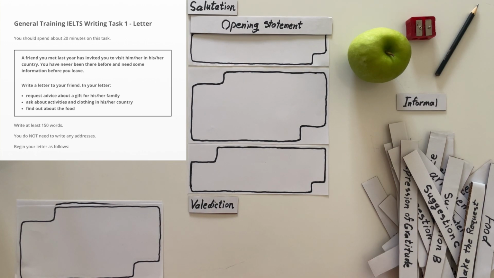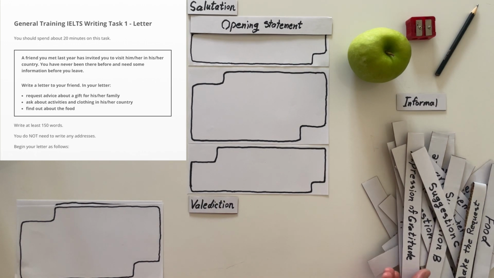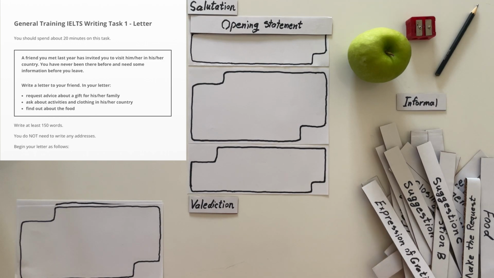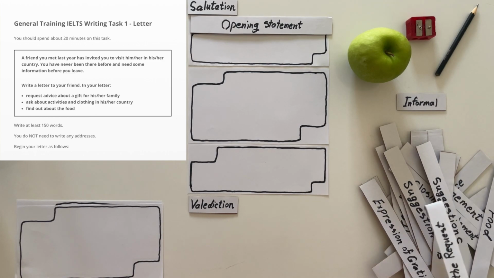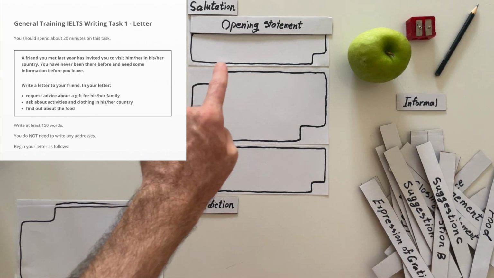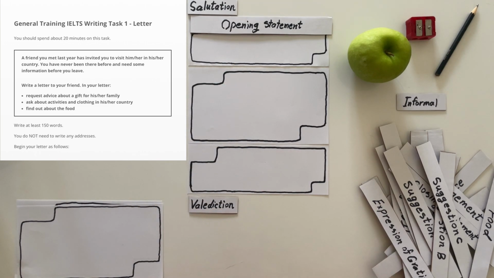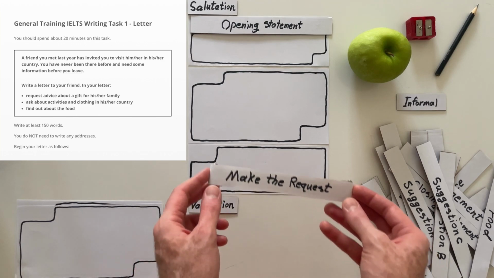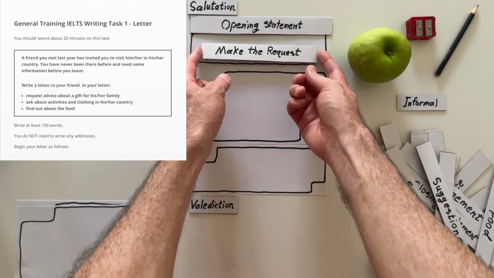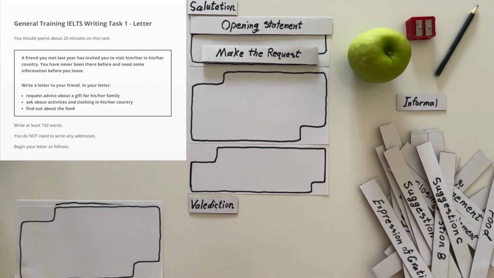I don't mind if you want to talk a little further and add more items, because later, still in the introductory part, we are going to request the first bullet point. It says, request advice about a gift for his or her family.